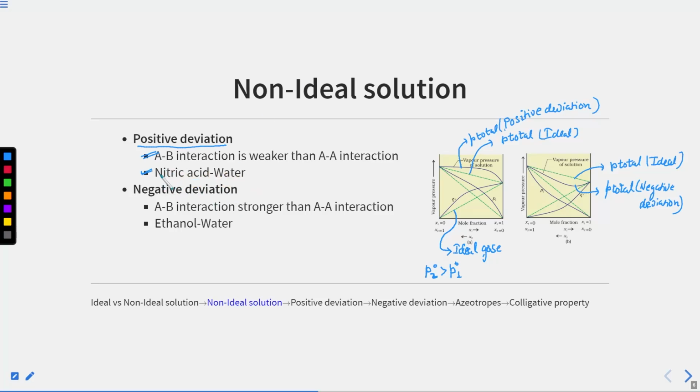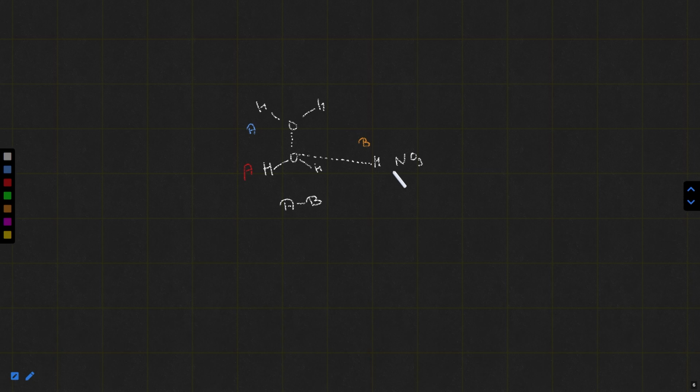So in positive deviation, we will have ethanol and water. And in negative deviation, we will have nitric acid and water. Sorry for the mistake. Again, the second one which we are having is ethanol. It will look like this.